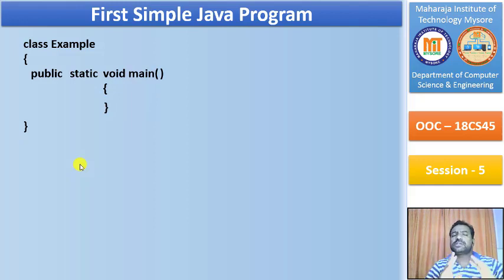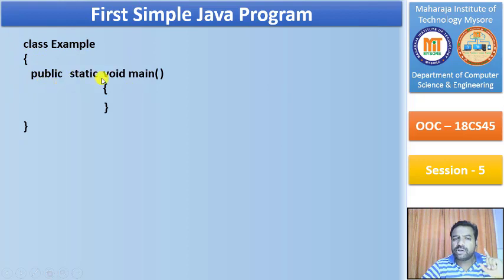This is the reason why in most Java programs you may have come across, or will see further, the main function will always be public static void main. Fine.